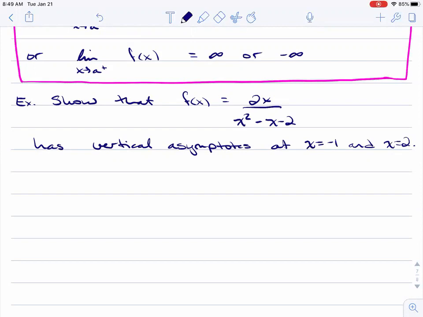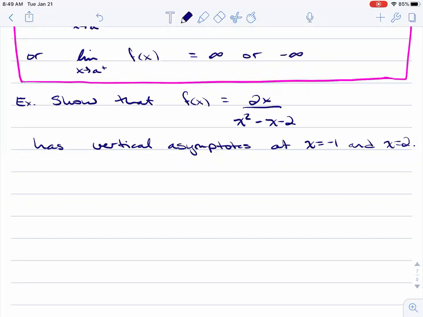Now I'm going to give you some hints and then let you work on it on your own. So the first thing that we do, right, is, okay, well, if there are vertical asymptotes, what I know is x equals -1 and x equals 2 are probably not in my domain, meaning I should be able to factor the x squared minus x minus 2 into something like x plus 1 times x minus 2, right?